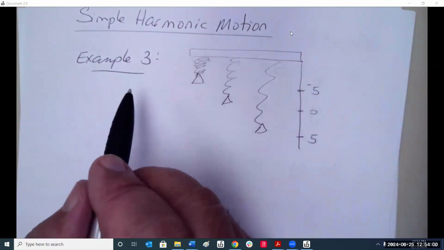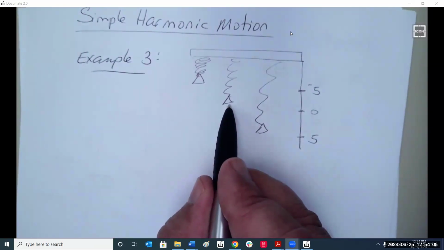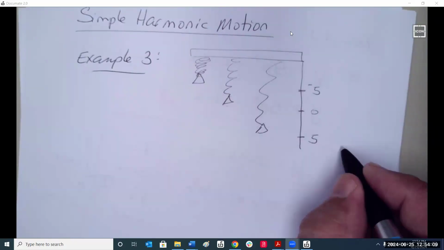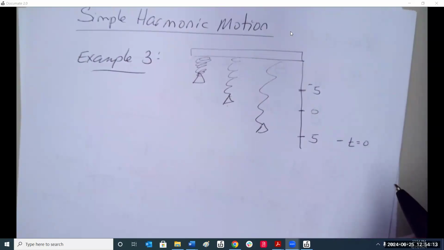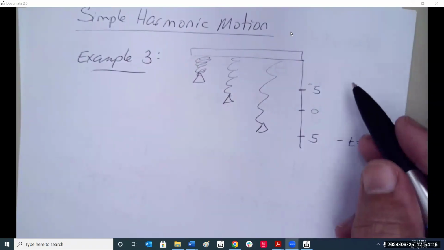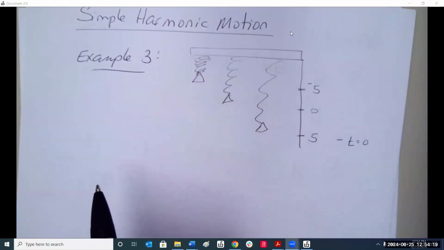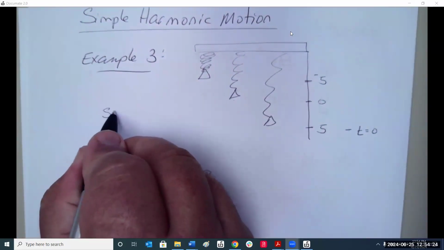Is stretched down 5 units beyond its resting point. So this is its resting point. And released at time t equals 0. So this is the position at time t equals 0, to bob up and down in the position right here. Its position function is given by this.